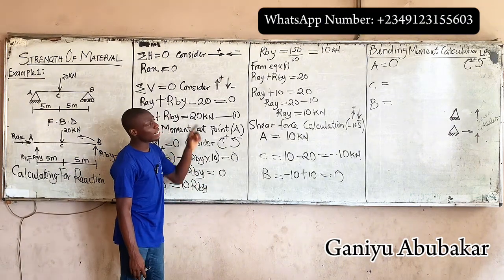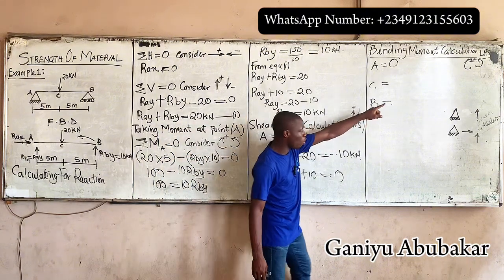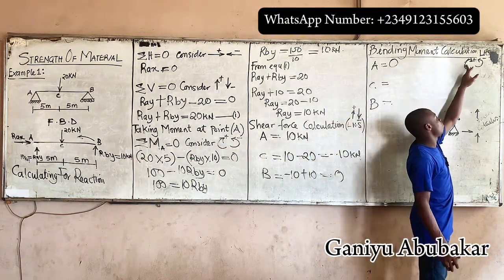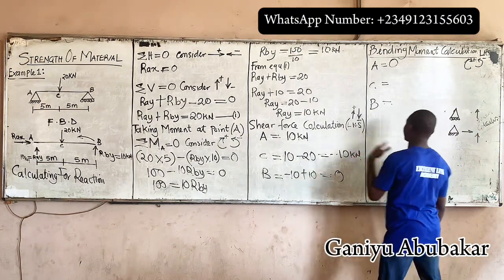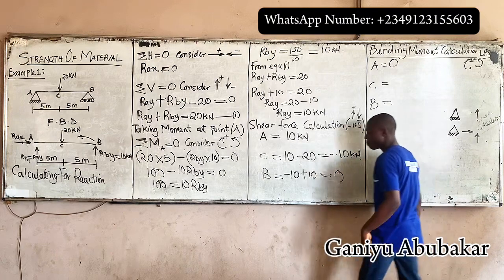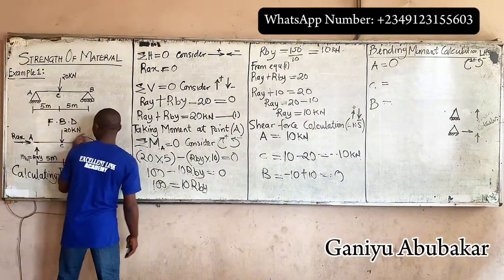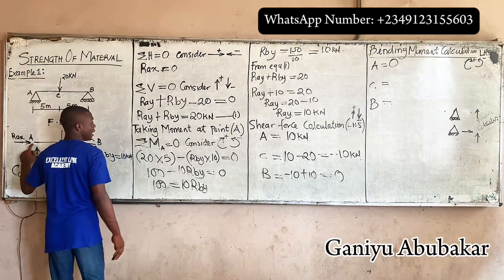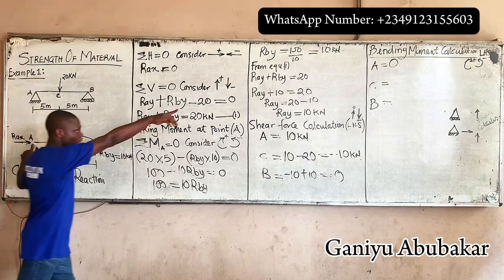But taking my reading from left hand side, at point A the moment is 0 automatically. So I have 0 there.